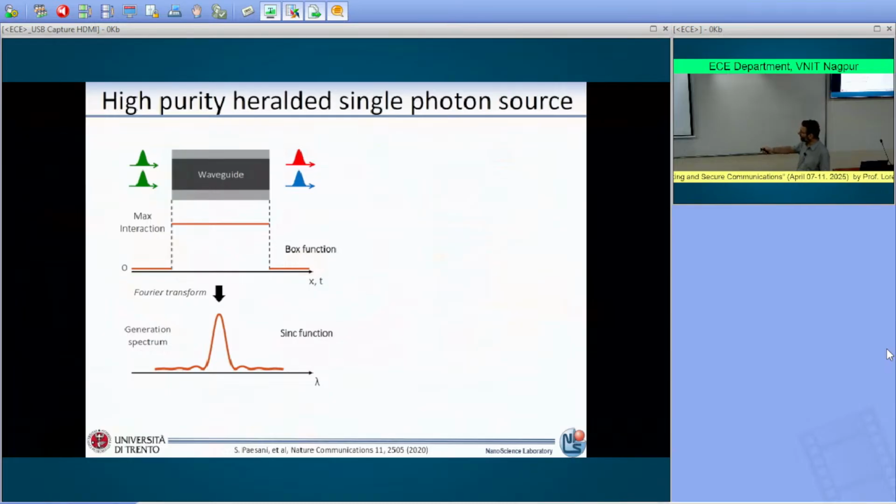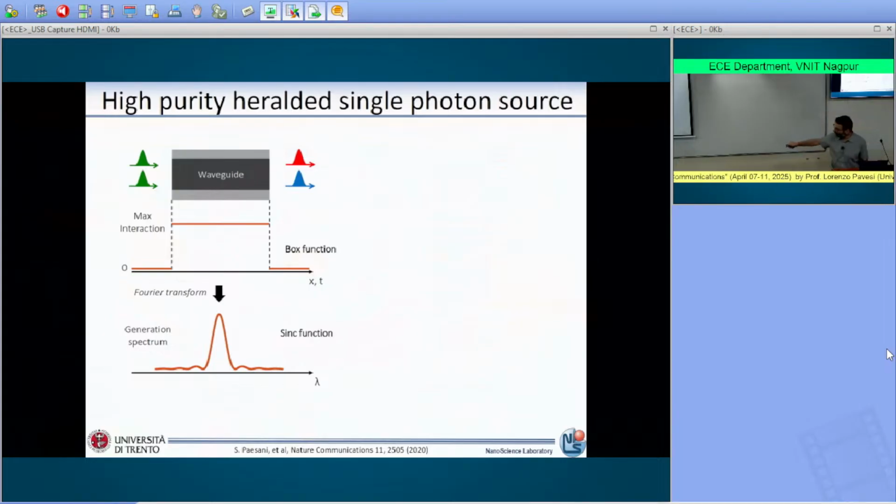And during this interaction, they are producing, by spontaneous four-wave mixing, all the entangled photon pairs. So this spatial overlap of the pump photons transfers into the sinc function shape of the generation spectrum. And in order to move from here to there, the operation that you have to do is a very simple Fourier transform.